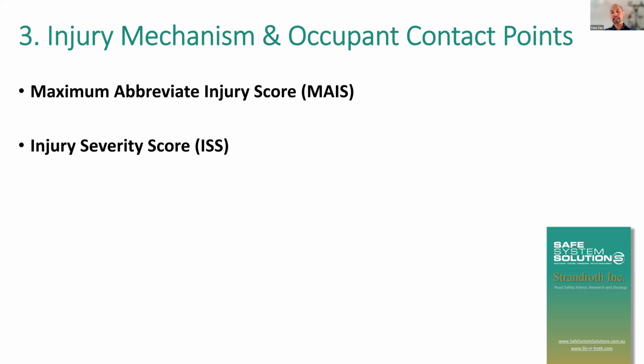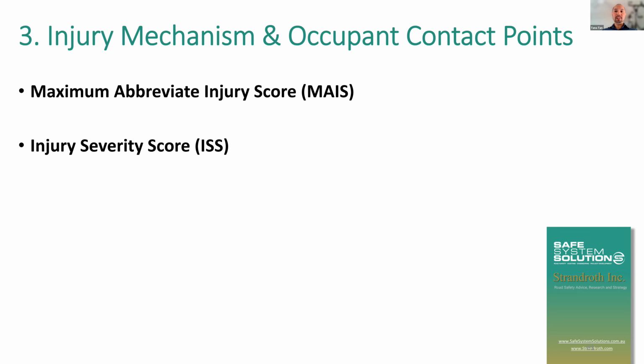Let's say I've got an AIS2 injury on my face, which would usually be a cut in the skin or bruise. But on my chest, I've actually broken a few ribs. So AIS2 on the head, AIS3 on the ribs. My MAIS would be 3. So you basically pick the body region of the highest AIS and say that is the MAIS.